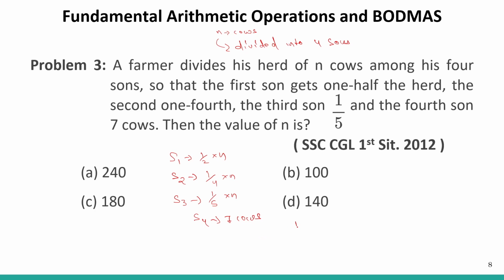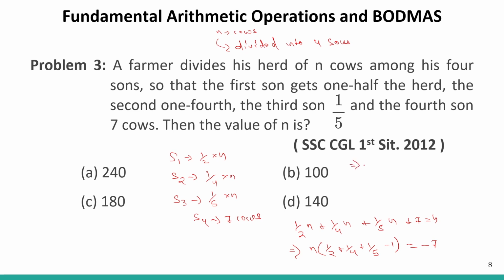So 1/2 n plus 1/4 n plus 1/5 n plus 7 is equal to n. What we can do is bring the n on the right hand side to the left hand side and take it common. So n into (1/2 + 1/4 + 1/5 - 1) is equal to -7, taking the 7 to the right hand side.